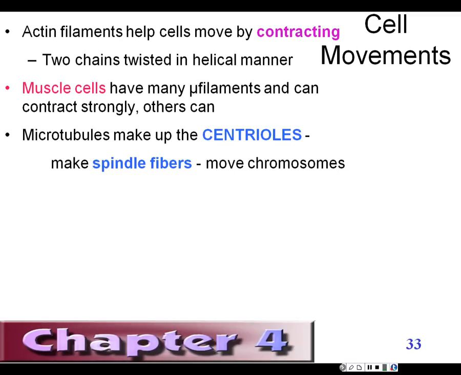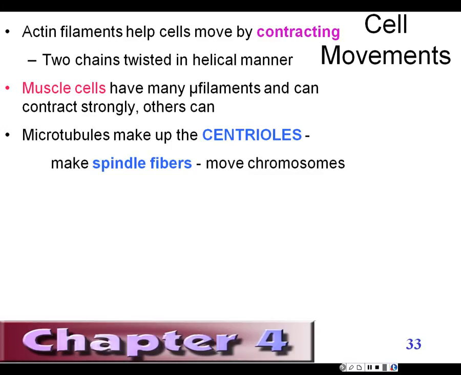Now, its job is to make spindle fibers, and we want to make spindle fibers. Why? Because we need to move chromosomes, okay? So these spindle fibers, yes, this is called the microtubule organizing center for the cell.